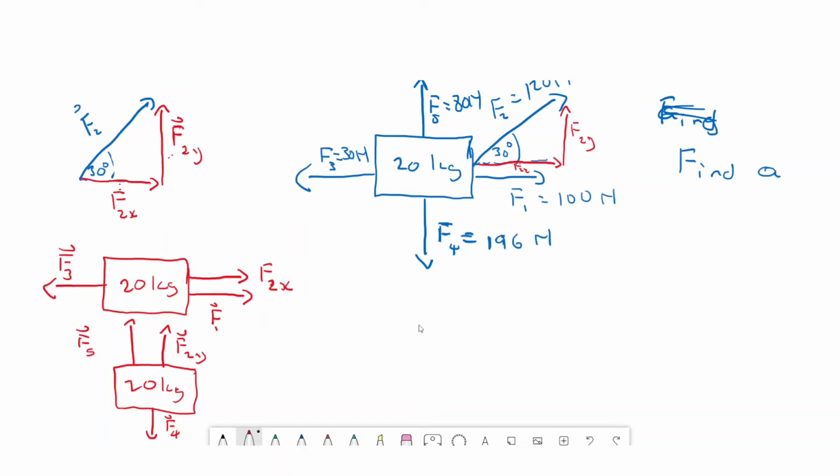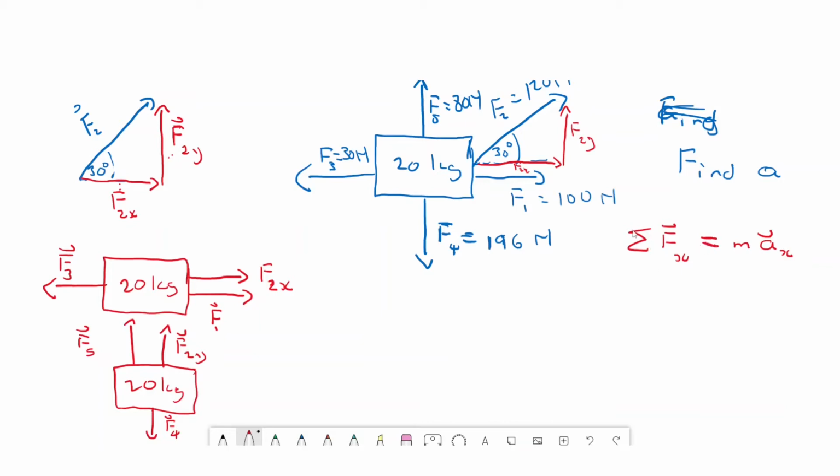Now let's see. I will first find the sum of all the forces in the x direction. So I'll sum up all these forces that are in the x, F1, F2x, and then F3. And then those are going to be equal to the mass multiplied by the acceleration in the x direction. And this is where the assumption is going to come in.